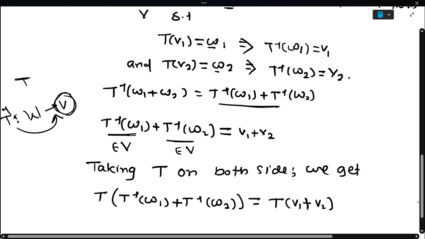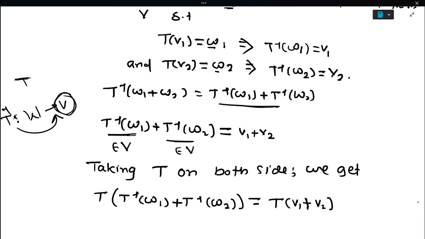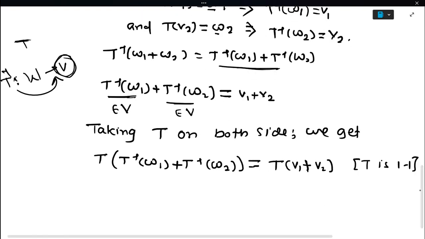Okay, because this is equal and T is 1-1, because T is 1-1, their images will be equal.